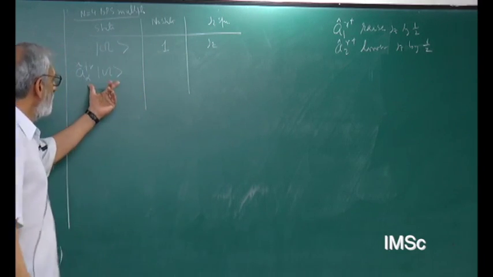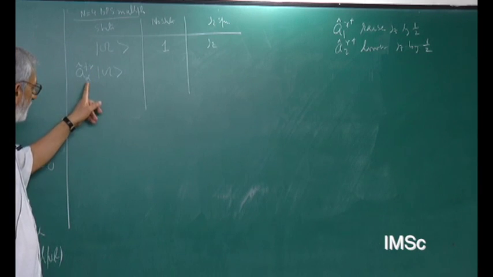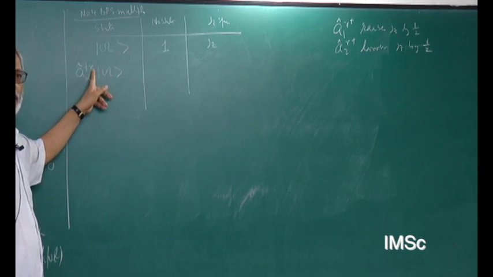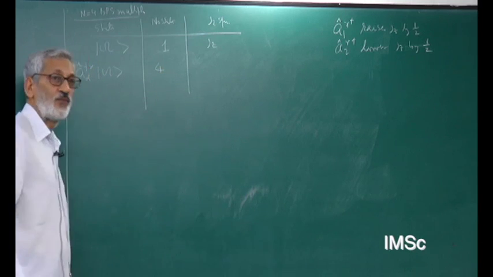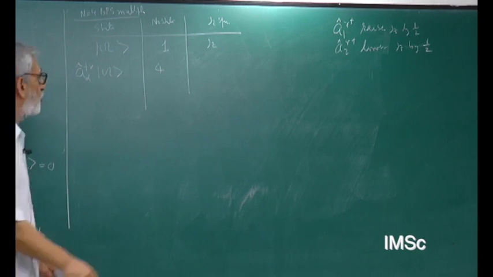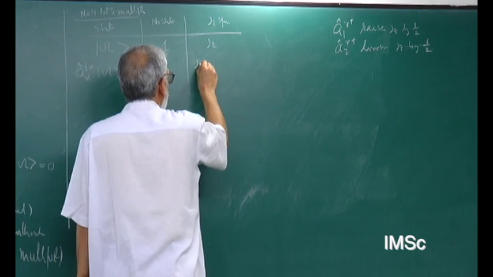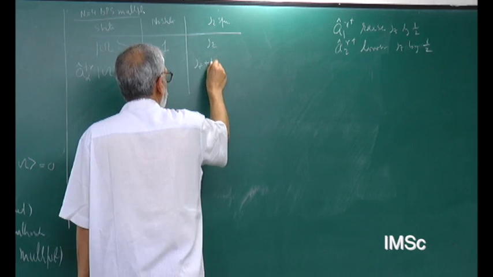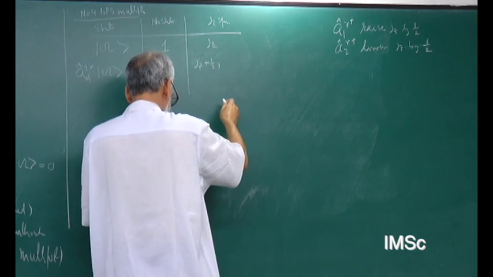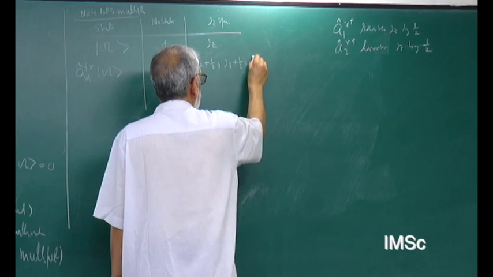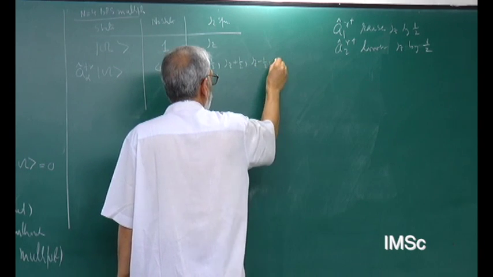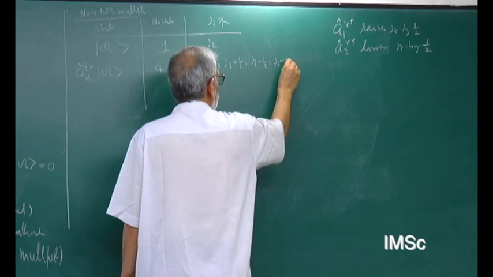So first let me say how many states there are: there are two values here, two values here, there are four of them. Two of them will have JZ spin increased by half unit, and two of them will have JZ value decreased by half unit.